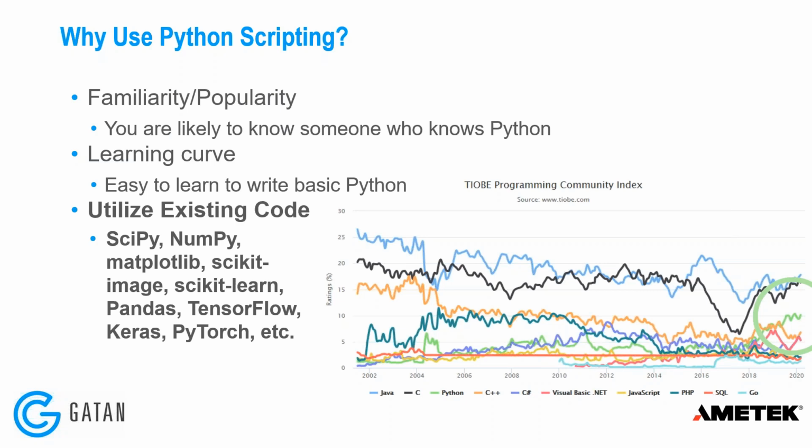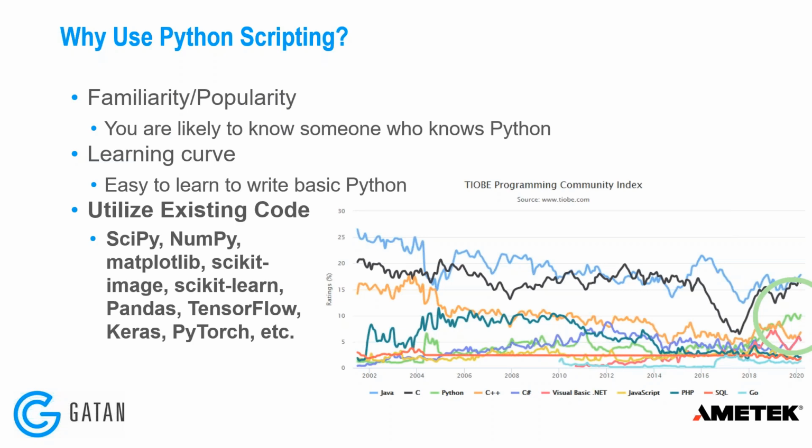So you are not so likely to know someone who is an expert at DM scripting. Maybe if you're listening to this presentation, that's maybe a bit more likely. But you're quite likely to know someone who knows Python.